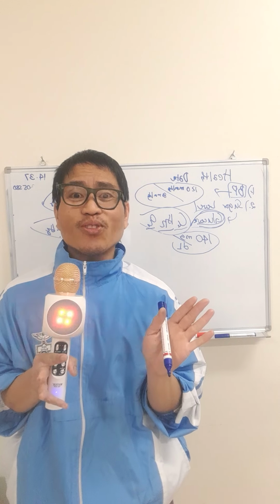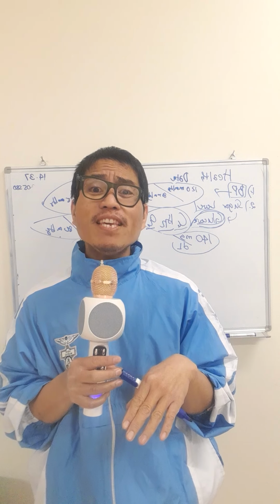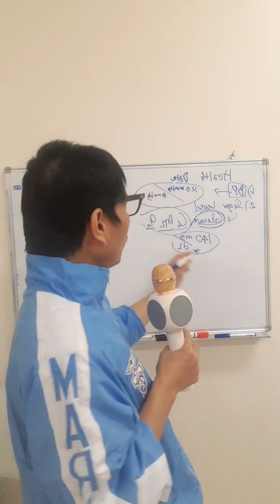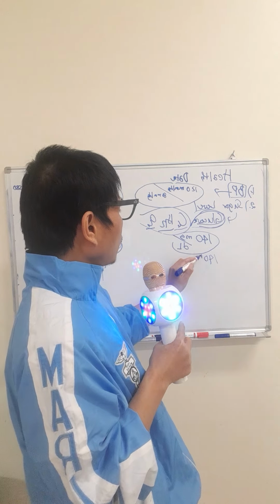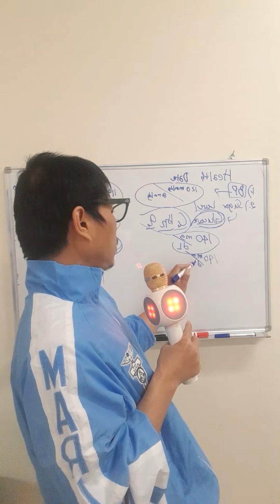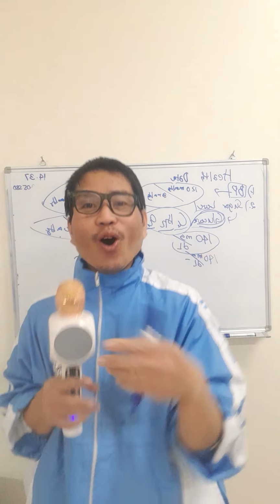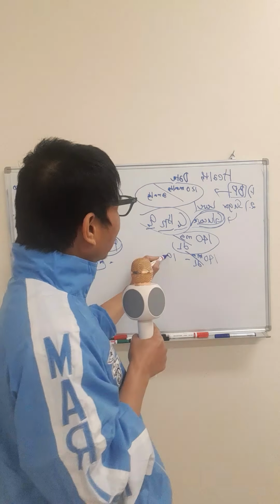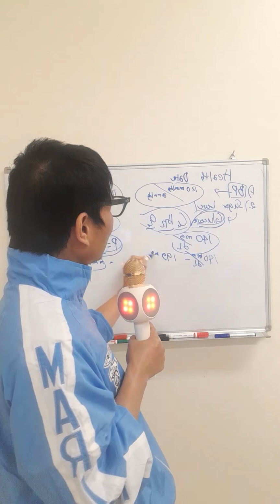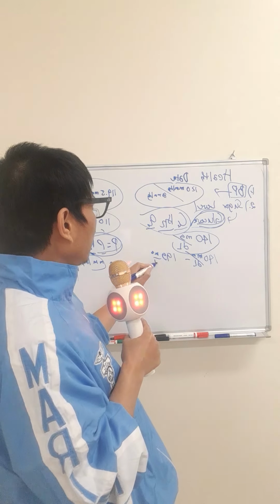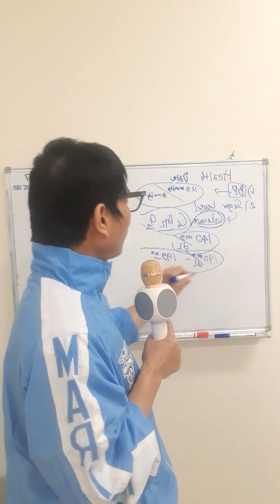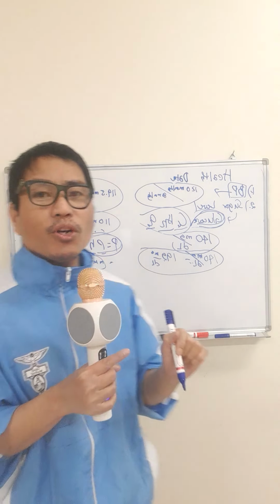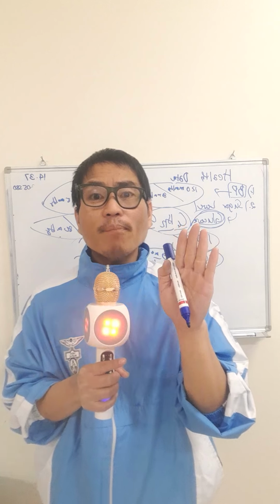Now take note, if it goes beyond 140 milligrams per deciliter, up to 199 milligrams per deciliter, you get the point? This is the borderline, 140 to 199. Be careful. What do you mean by a borderline?